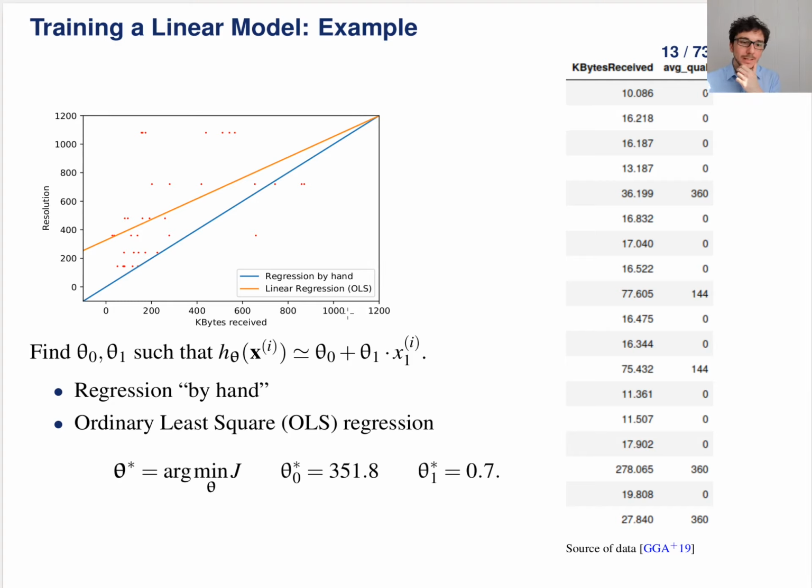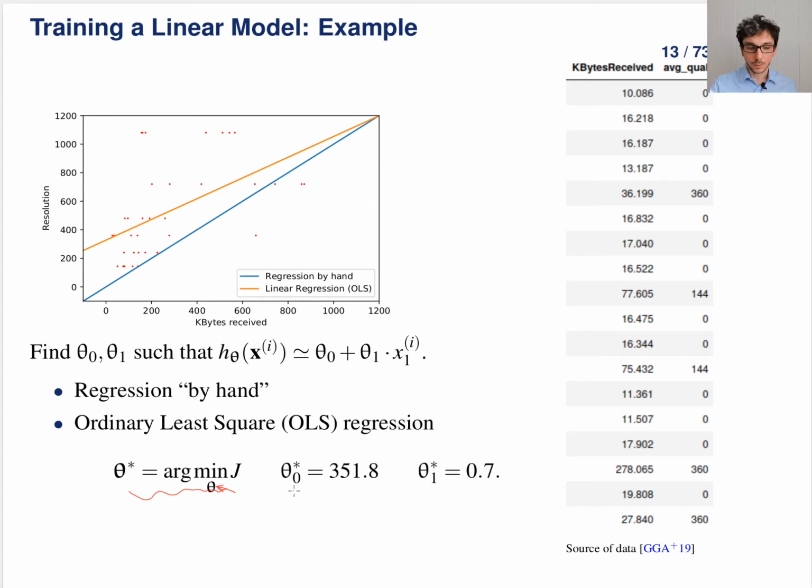Instead of building models manually, we can instead let a machine learning algorithm calculate it for us. For instance, in this case, I run a method called ordinary least square regression, which minimizes the loss function, so the error between the true and the predicted labels, meaning that it finds the optimal parameter theta.